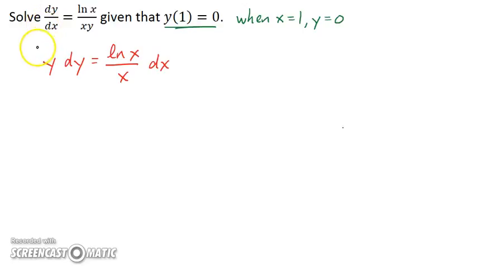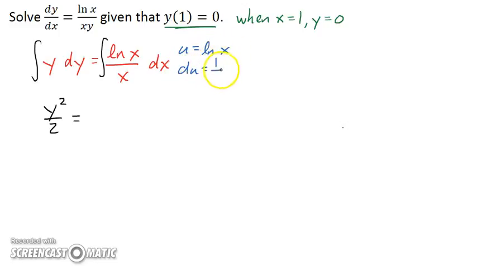So I'll integrate each side. The left side is, again, the integral of y dy. That's y squared over 2. The right side, though, I think is going to require some kind of substitution. So maybe I'll let u be ln of x, and that would make du, oh how convenient, 1 over x dx.